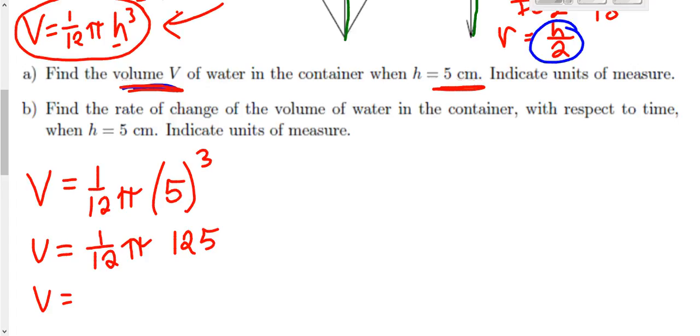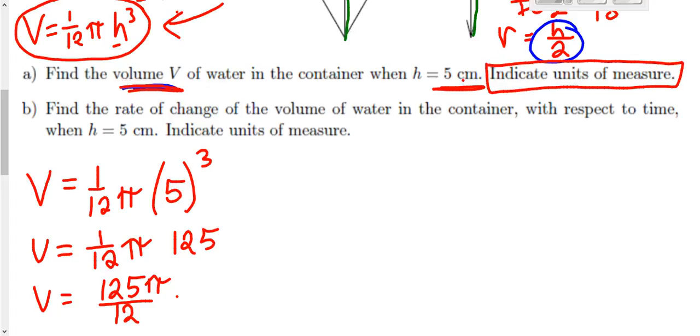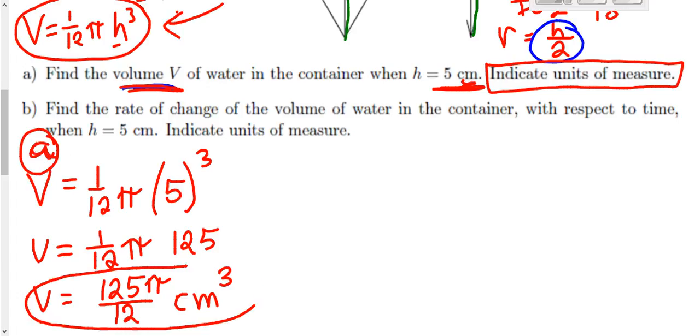So our volume is 125/12. You can put pi out to the side or write it up with 125. It doesn't matter. 125 pi/12 is our volume. And don't forget to indicate units of measure. So we are talking about centimeters, so a volume would be centimeters cubed. And that is our answer to part A. We didn't even have to take a derivative.